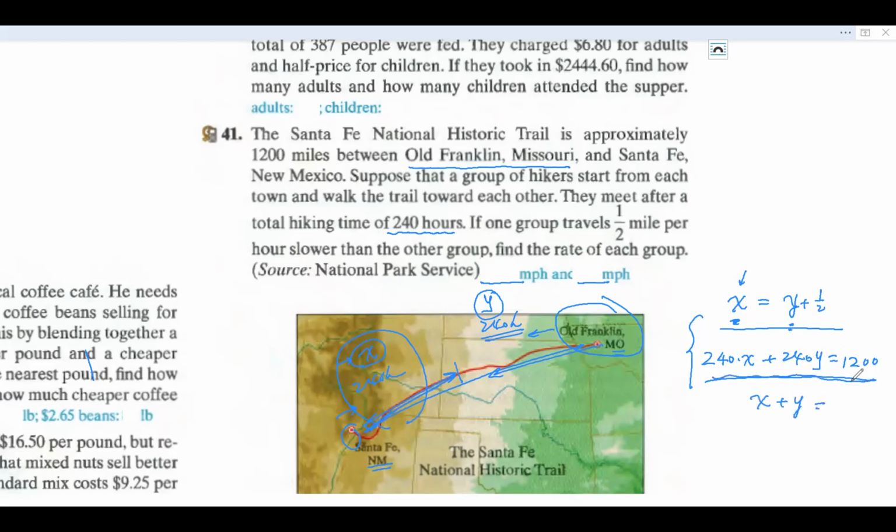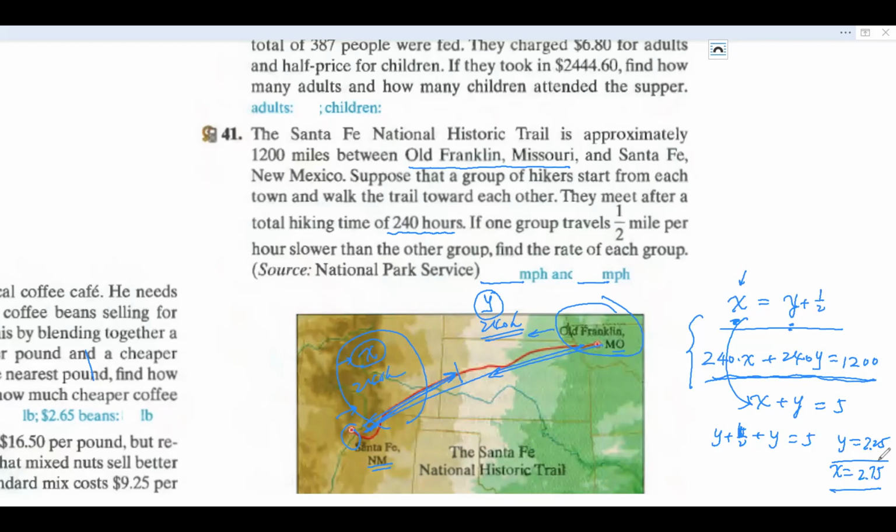X plus Y equals 5. Using substitution, Y plus half plus Y equals 5, so 2Y equals 4.5, Y equals 2.25, and X equals 2.75. So we can find it out quickly.